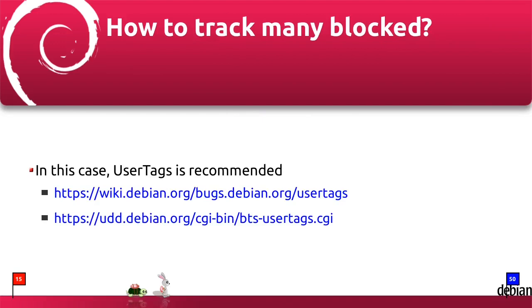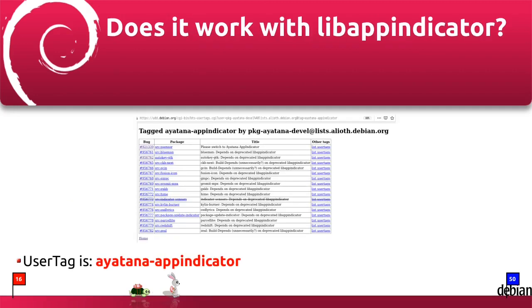In this case, we can use user tags to track bugs. For Rip App Indicator, alternate app indicator is used as user tag.